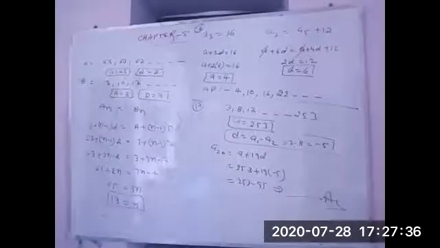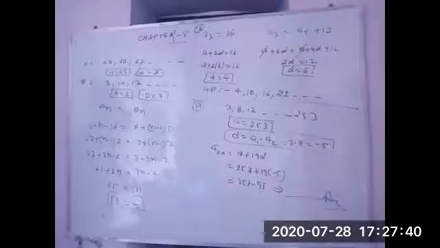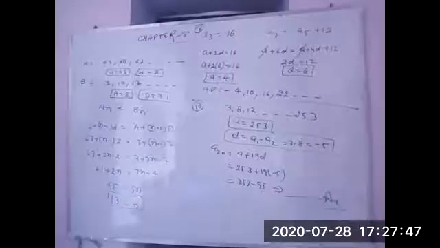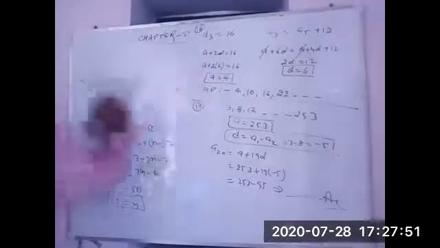Okay. Now, what is there in question number 18? The sum of the fourth and eighth terms is 24. Now I am reading it.